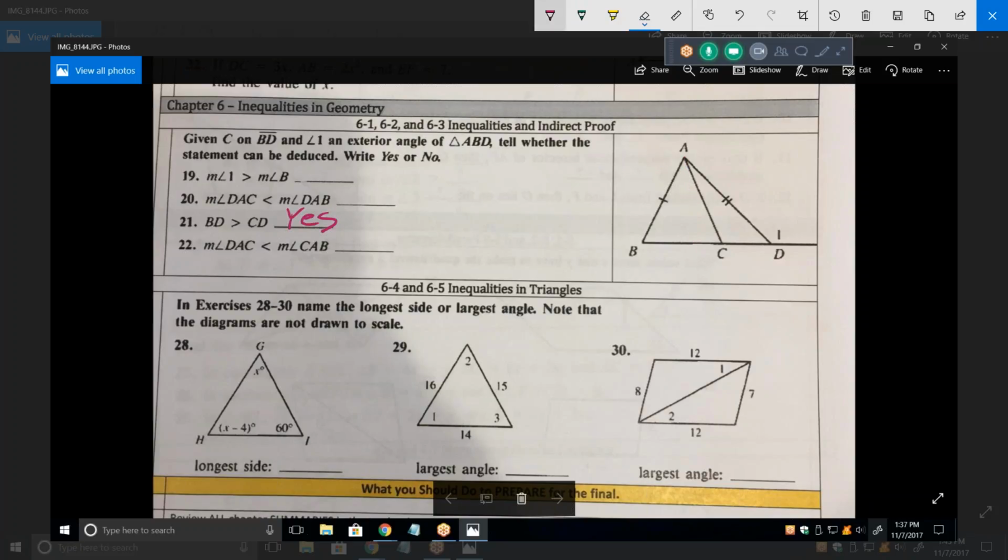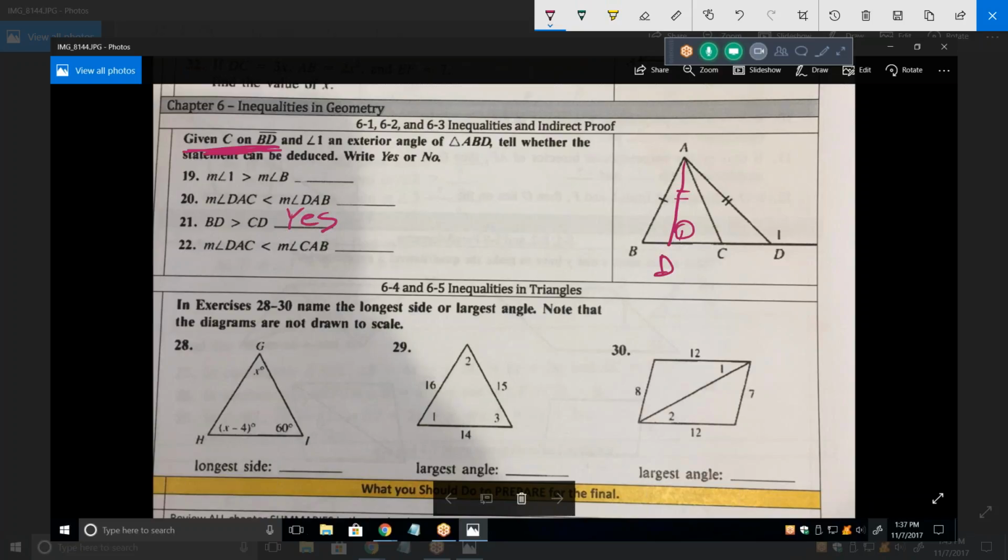What if I draw it like this? That's still a different length than AB. That's not now my angle 1. And I wouldn't be able to say that BD is greater than CD. And yet 1 is still an exterior angle, and C is still on BD.